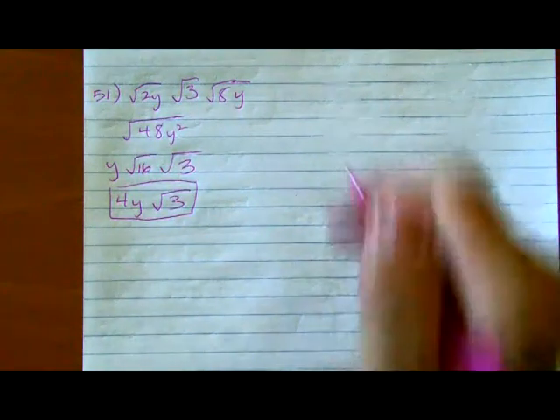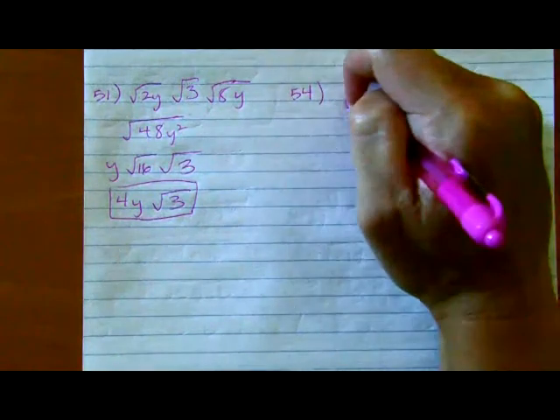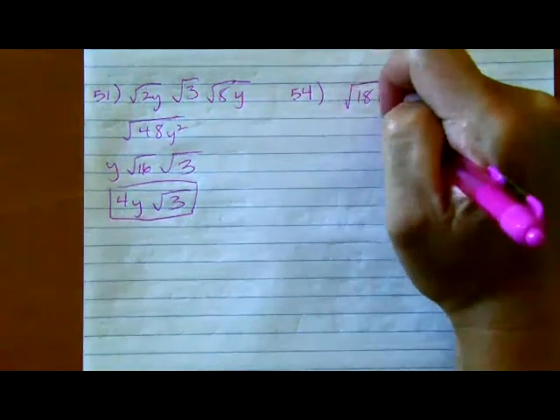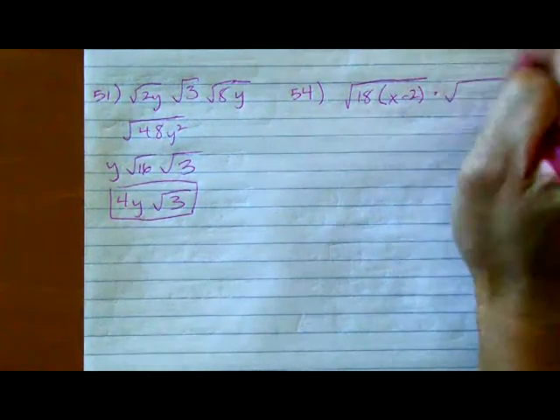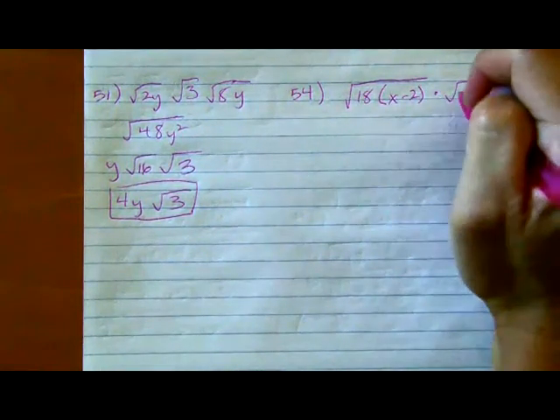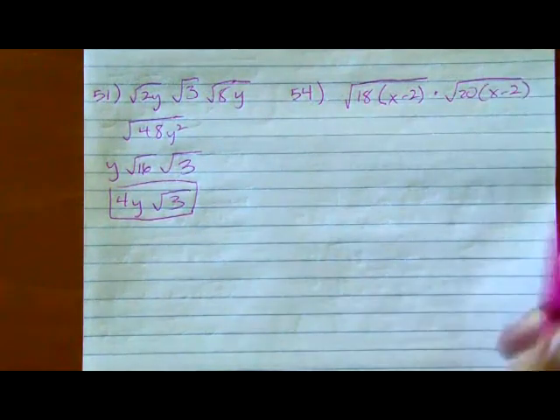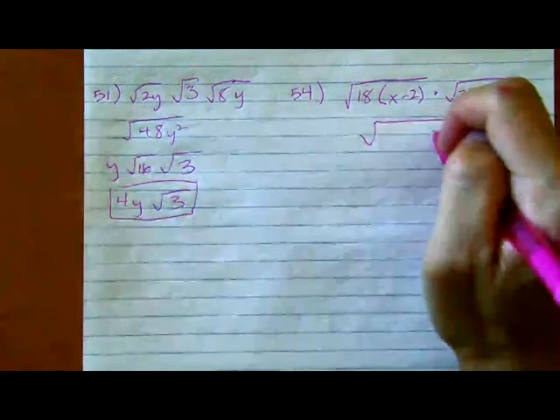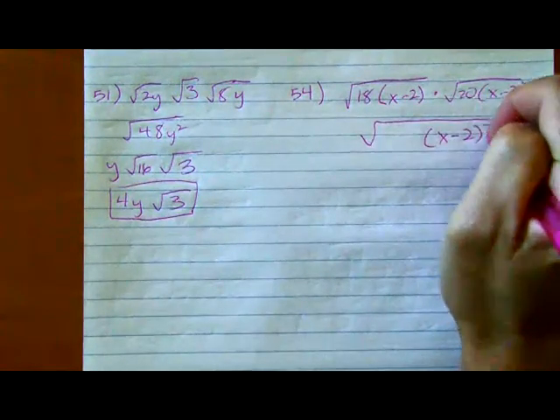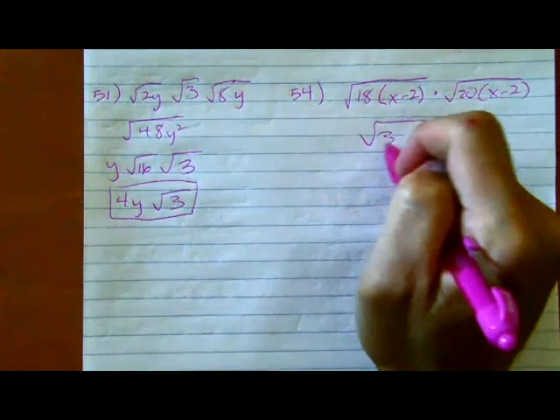Number 54. Radical 18 times x minus 2 times radical 20 times x minus 2. If I multiply them all together, x minus 2 occurs twice. 18 times 20 is 360.